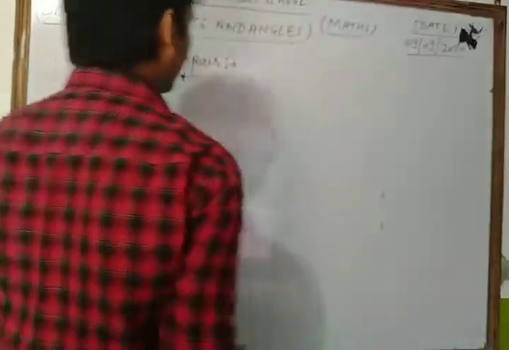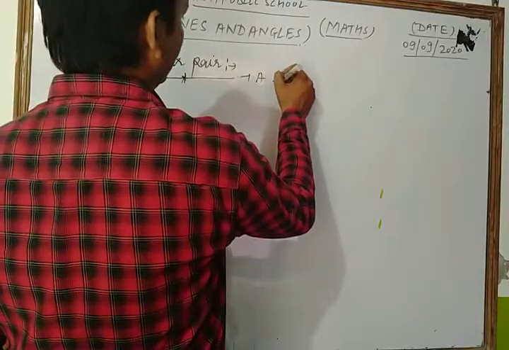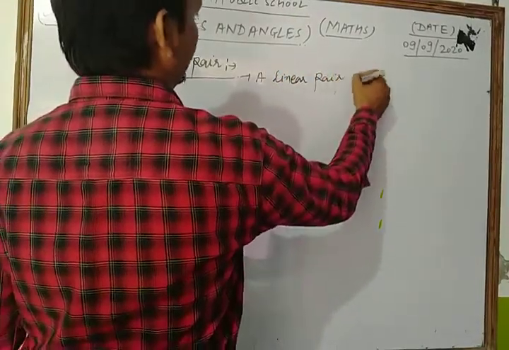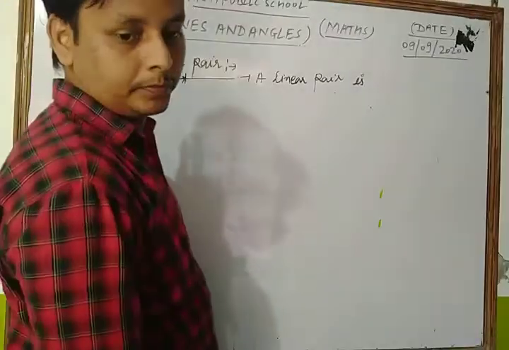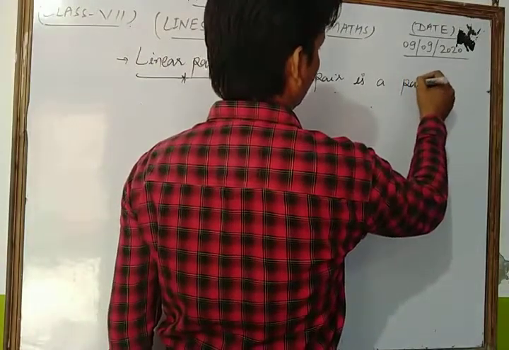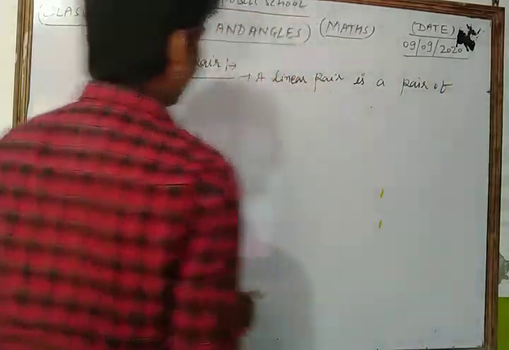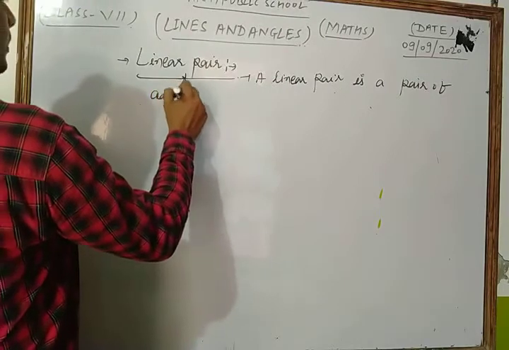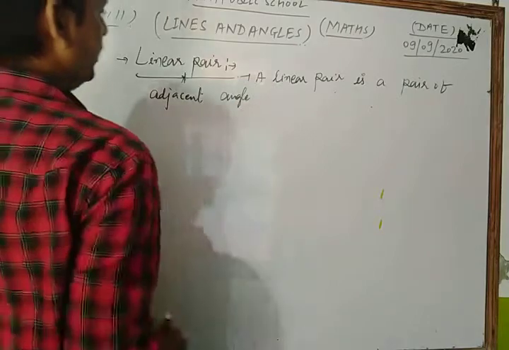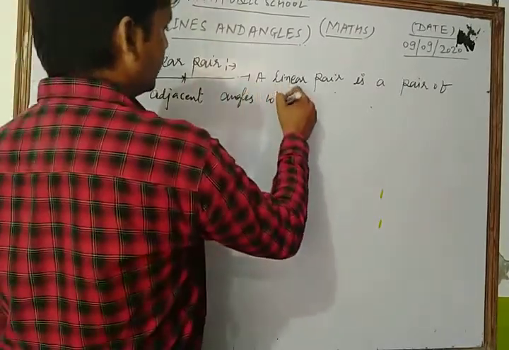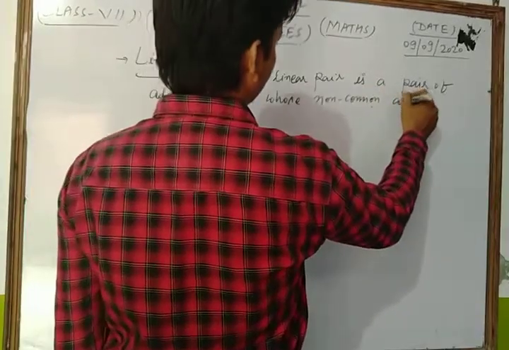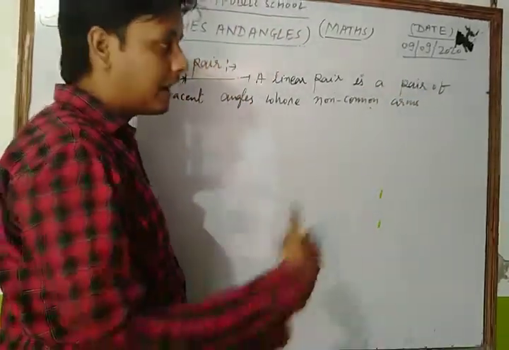Dear students, a linear pair is a pair of adjacent angles whose non-common arms are opposite rays.